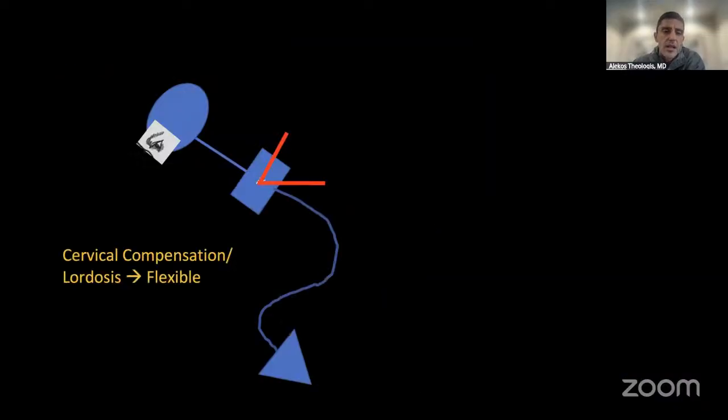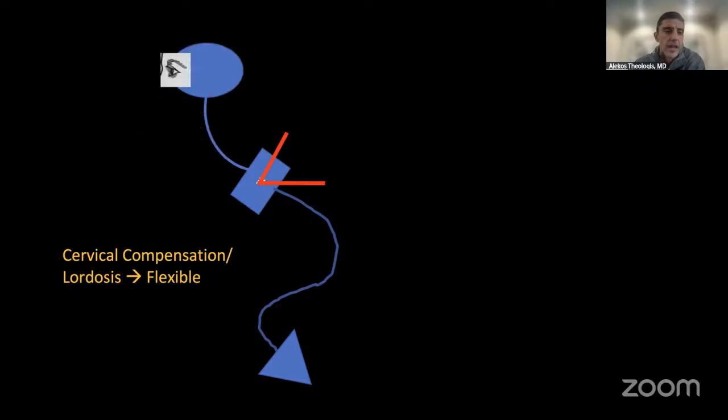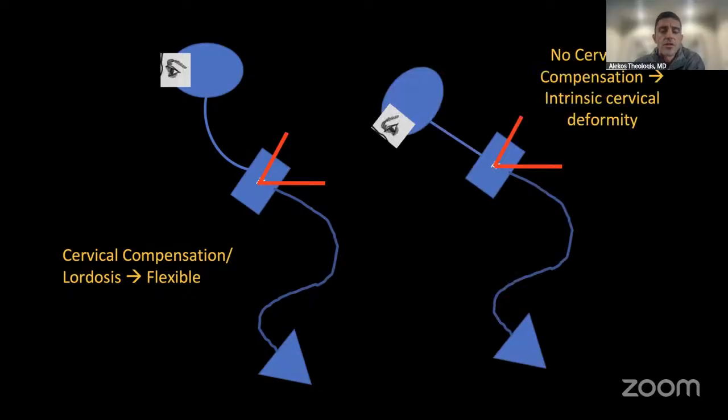Now, in this setting, the cervical spine can behave in one of two ways. With compensation, it can compensate with hyperextension of the cervical spine; this represents a flexible cervical spine, one that may not have a lot of rigidity and intrinsic deformity. Versus the patient who has the inability to hyperextend and has this increased C2-7 SVA, and that represents concomitant cervical deformity as well as a thoracolumbar deformity.